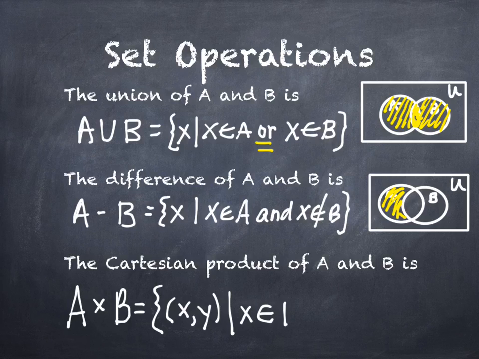So that first coordinate X has to be in the first set A. What about the second one? And Y has to be in B. I mean, that's how we made those ordered pairs. Remember that? We paired up everything in the first set with everything in the second set. And there isn't a picture form for this because I'm actually creating a different kind of set. It's not a set from the original elements. It's a set of ordered pairs.